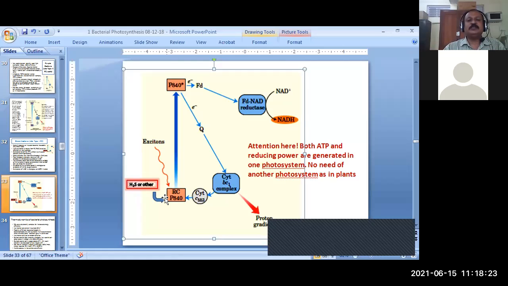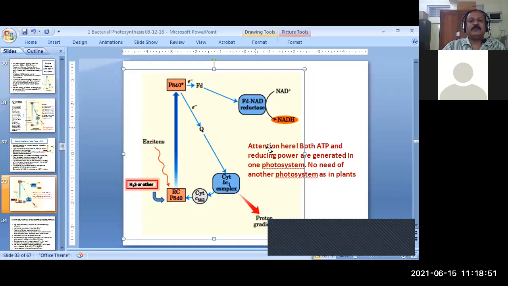So in this particular system, we have only one photosystem, but this one photosystem is capable of doing two jobs. One is to synthesize ATP by the cyclic transfer of electrons, and the other is to produce the reducing power, NADH, which is subsequently used in the dark reactions for the synthesis of carbohydrates.